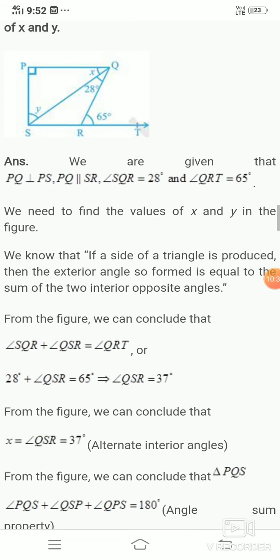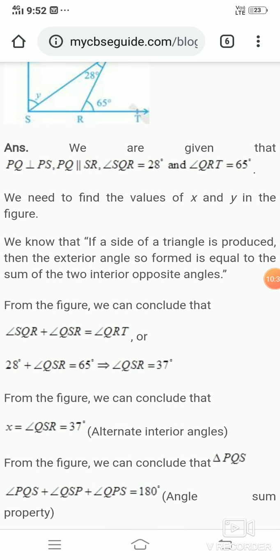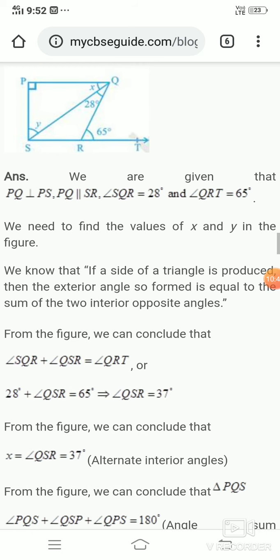So write the given condition. We know that if a side of a triangle is produced, then the exterior angle so formed is equal to the sum of the two interior opposite angles. So in the figure we can conclude that SQR plus QSR equals QRT, that is 28 degrees plus QSR equals QRT.